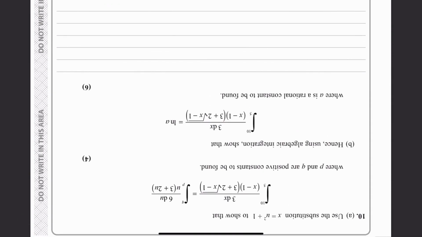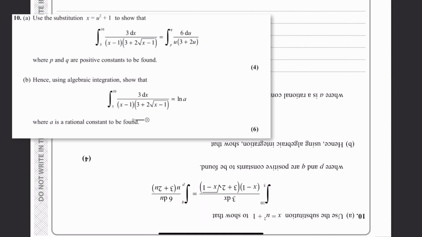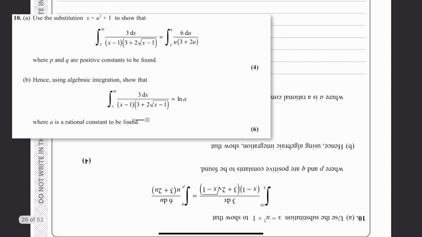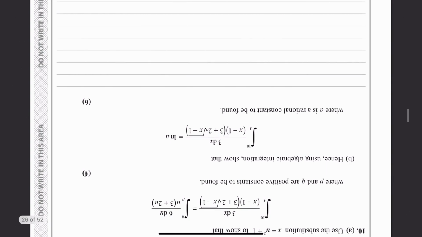Anyways, an integral, okay, this is good. And use the substitution x equals u squared plus 1 in this integral to work out... okay, so it just wants me to work out that. It just wants me to change it, actually. Okay, let's write down this integral.